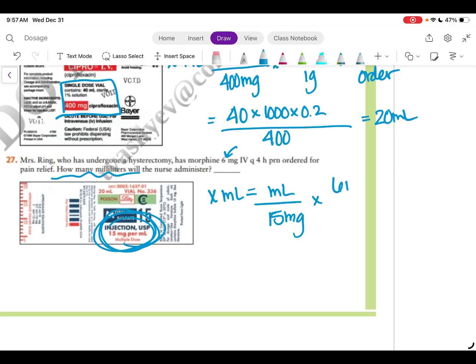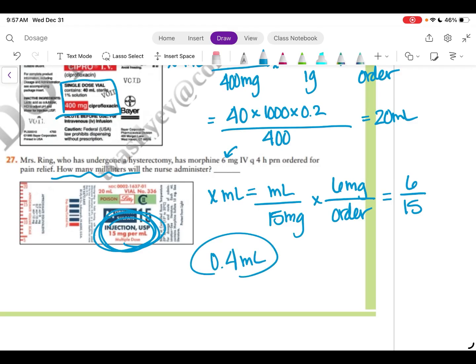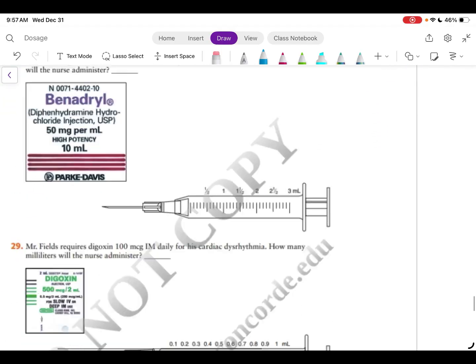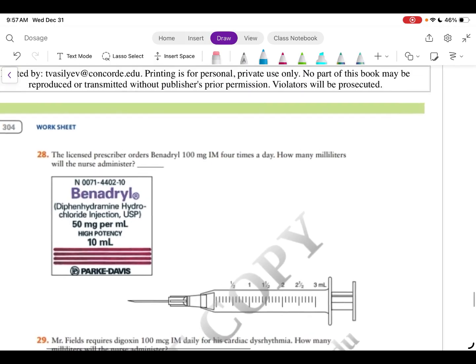And I'm going to multiply by my order. So 6 divided by 15. I get 0.4 as my answer. Okay. Okay, and I think this is our last page, yep. Okay.